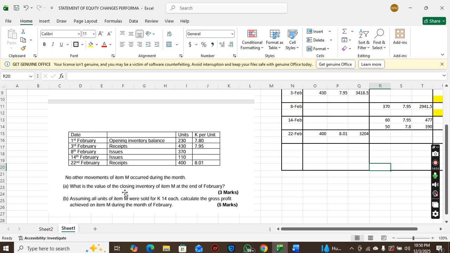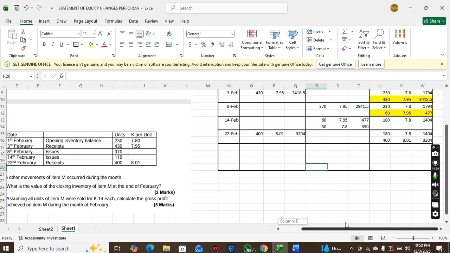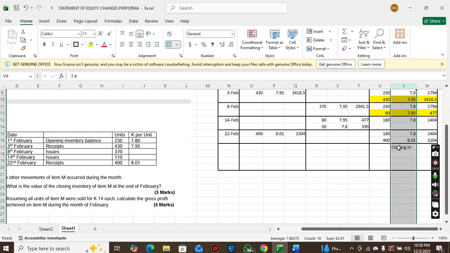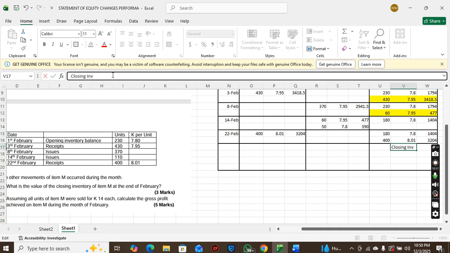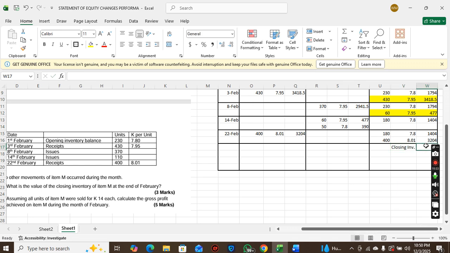So what is the value of the closing inventory at the end of February? For the value of the closing inventory, you just add 1404 plus 3204.